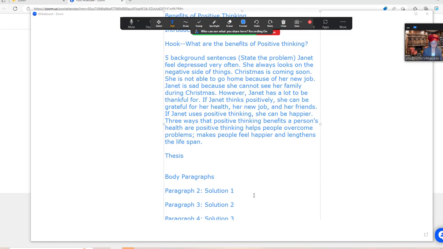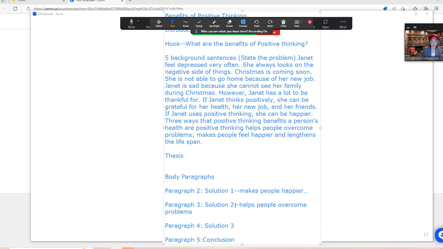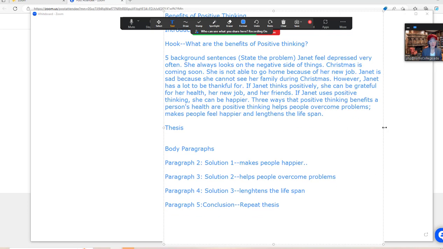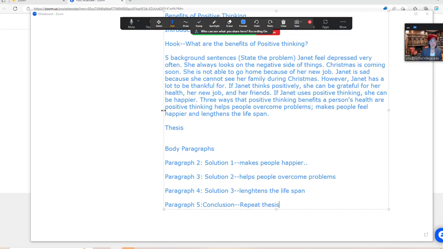So solution 1, that is that it makes people happier, helps people overcome problems, lengthens the lifespan, and then you repeat the thesis. Then you repeat the thesis and write out the summary of your essay.